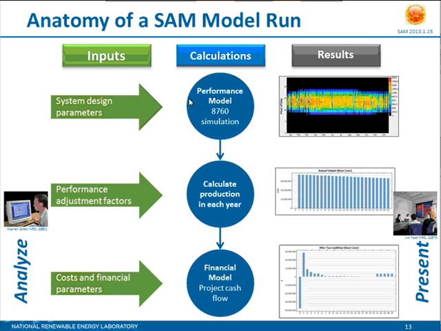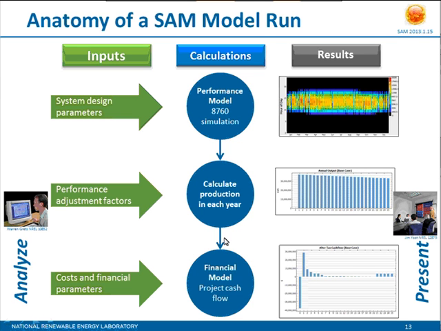These are sort of separate modules within the model. The performance model does an hourly simulation, assuming that there are 8,760 hours in a year, and calculates the kilowatt hours that the system produces. Then we apply the performance adjustment factors to adjust those kilowatt hour numbers.